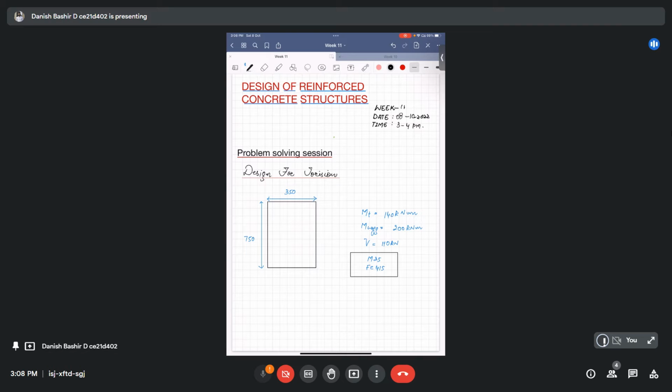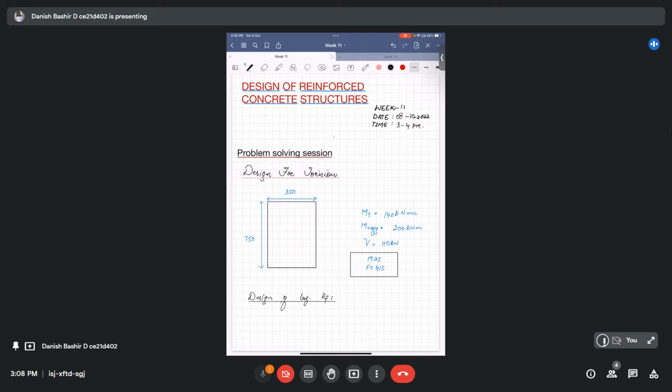So first we will start with the design of longitudinal reinforcement. It is a similar process to follow as in the last problem we did for checking the adequacy, with the same steps.